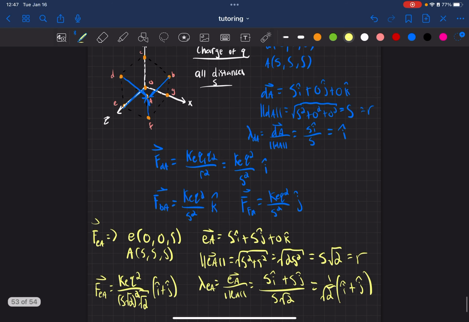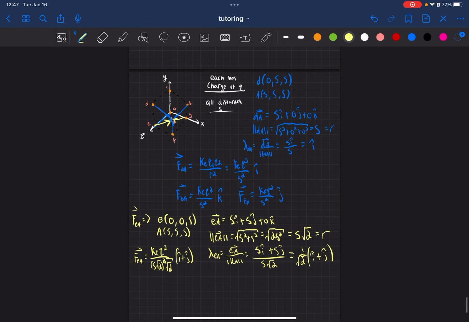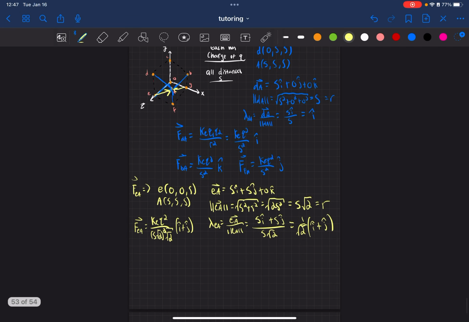And in a similar vein to how we did F of DA and looked at the ones that were similar, we can look at F of GA and see that it's going to be very similar. It's still two axes, two components. So for F of GA, if we just start out, we see G is going to be at s, 0, 0, and then we have A at s, s, s.